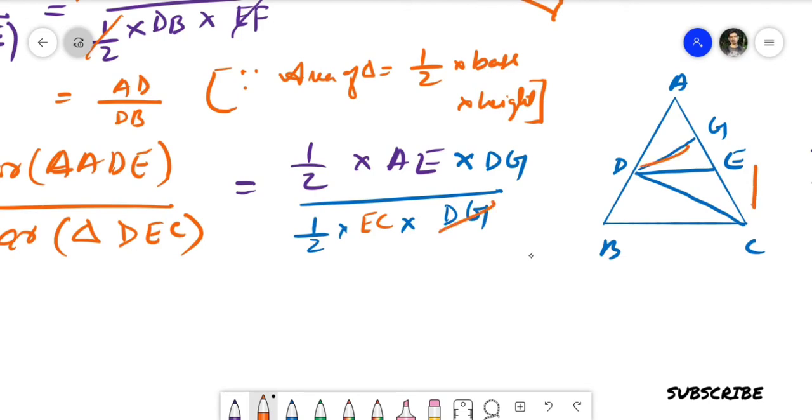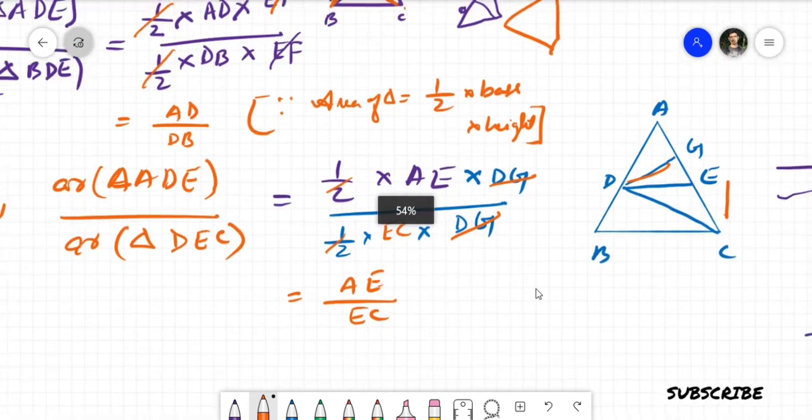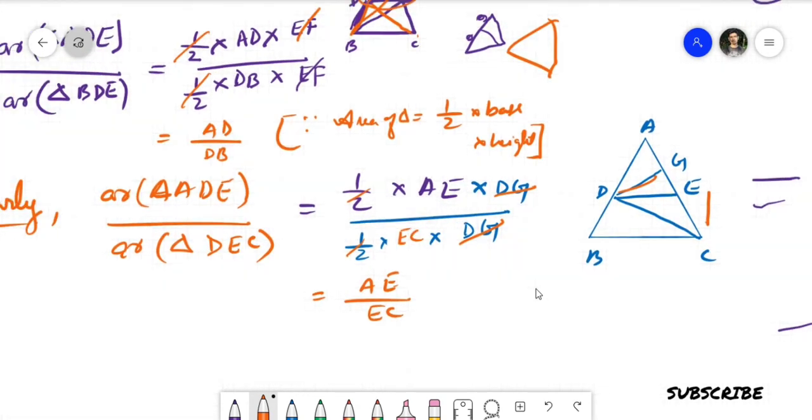You can see this and this cancel, half and half also cancel. We got AE by EC. Easy, I guess. It is a little long, of course, but it's very easy. If you write properly, then you can understand. So we got this EC.